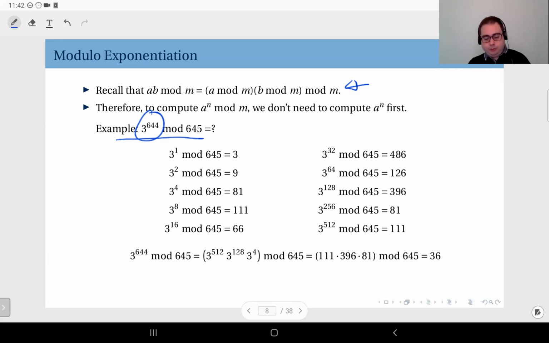To compute the result of this, and this is under modulo 645, so the result is going to be in the set Z sub 645, which is the set of integers from 0 up to 644.